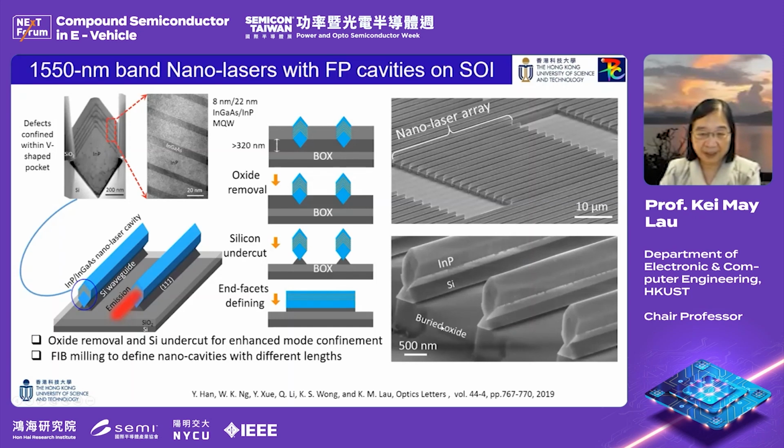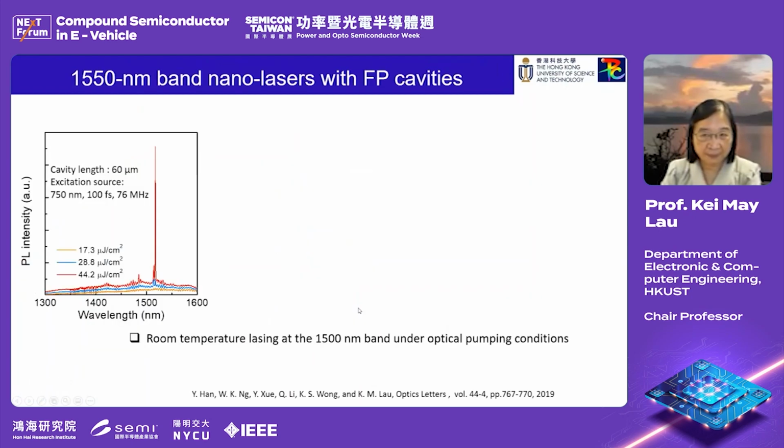And these are the nanolaser arrays that you can pattern. You can use photolithography and pattern on the buried oxide, and then grow the indium phosphide and then the active region. And then this is the end facet. Then you can cut the end facet with FIB.